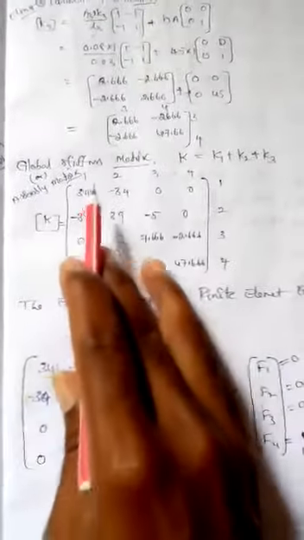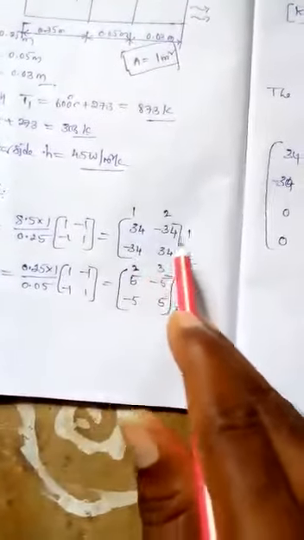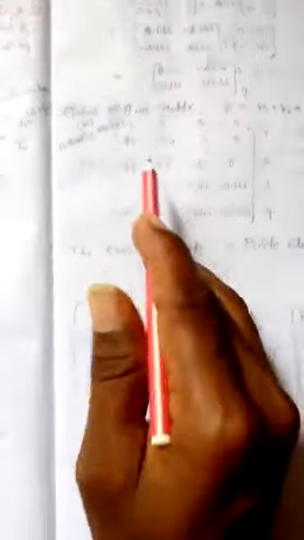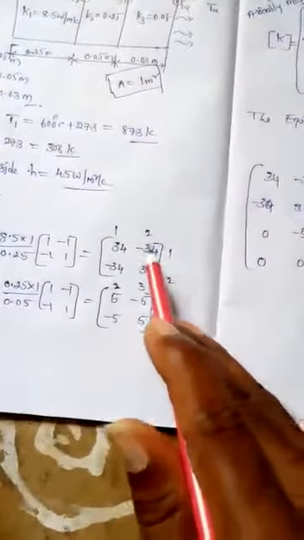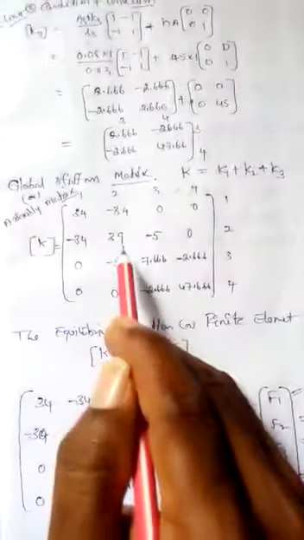To assemble the stiffness matrix, nodes 1, 2, 3, 4 by nodes 1, 2, 3, 4. First, write down the stiffness matrix. Node 2 has 34 from element 1 and 5 from element 2, so 34 plus 5 is 39.